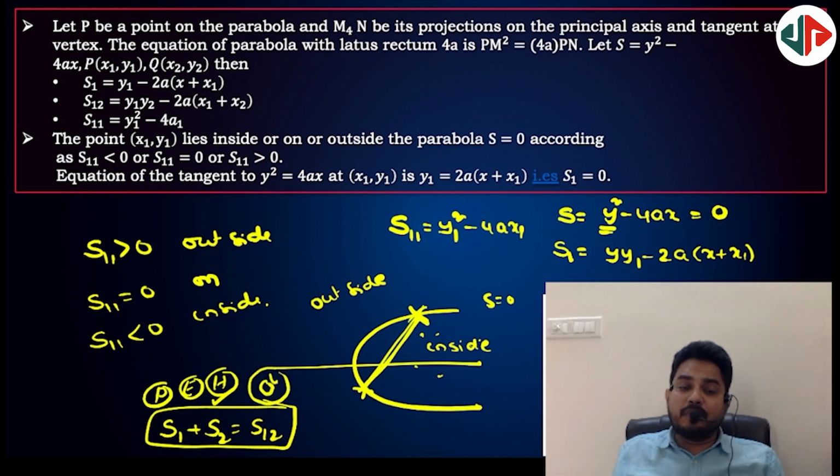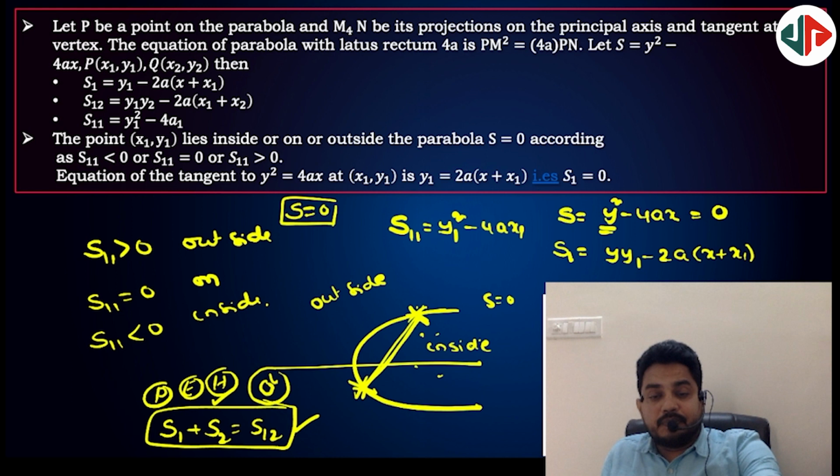Chord joining two points on the curve S is equal to 0. Curve S can be circle, parabola, ellipse, hyperbola, depending on the situation. But for the chord joining two points x1, y1 and x2, y2 on the curve, S1 plus S2 is equal to S12.